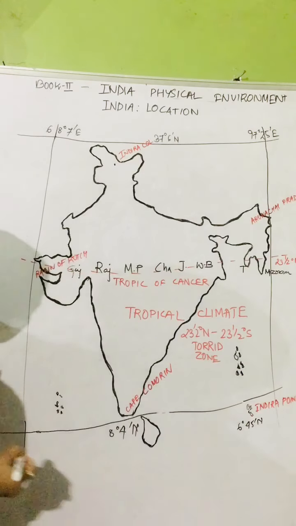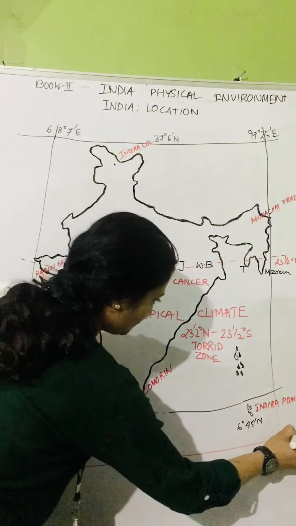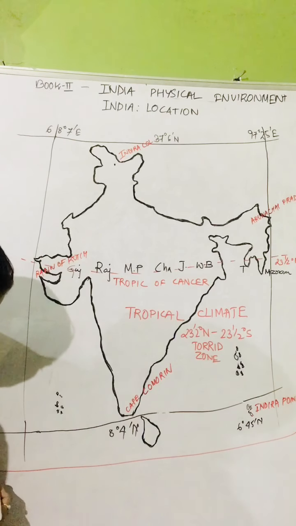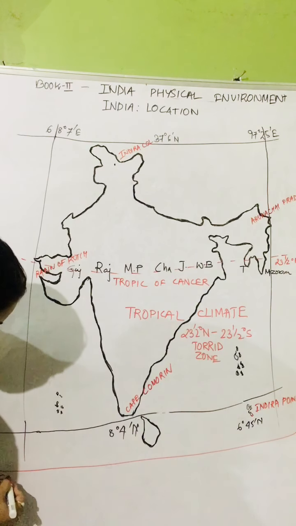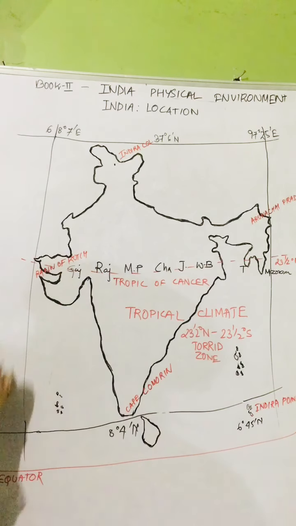Somewhere here we have 0 degree, that is the equator. So this is the zone which comes under the torrid zone.